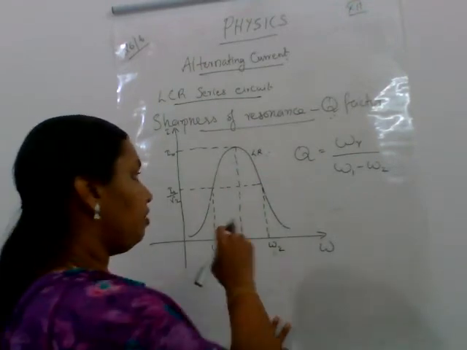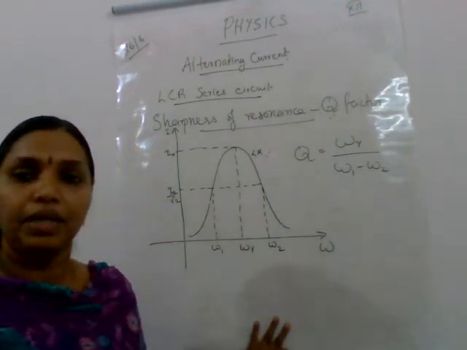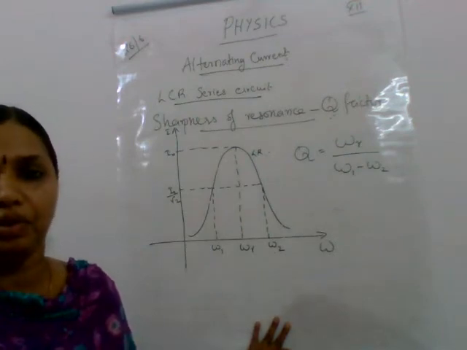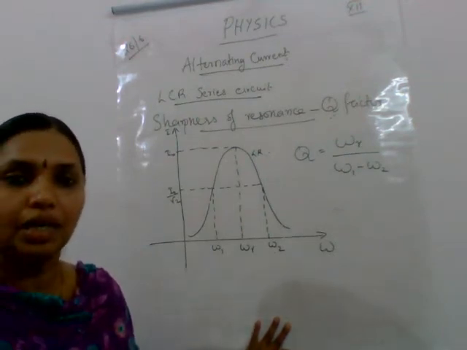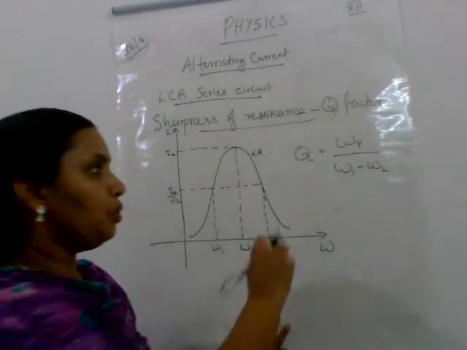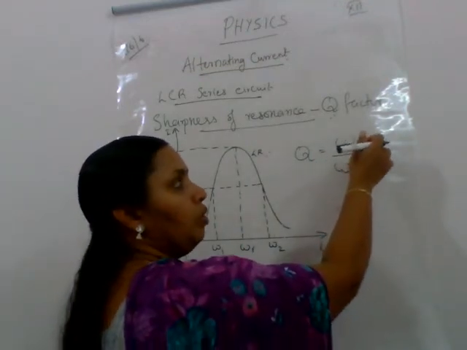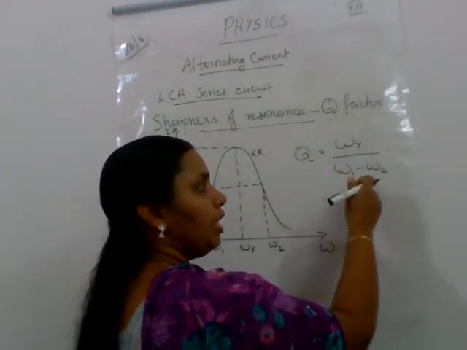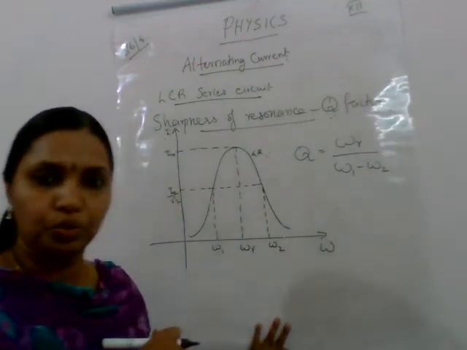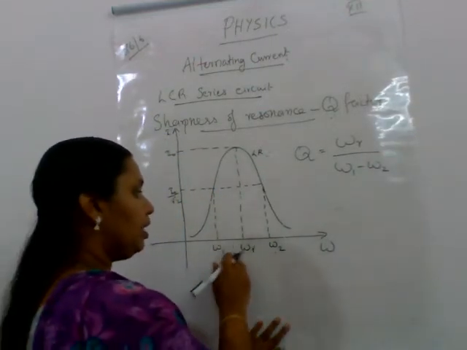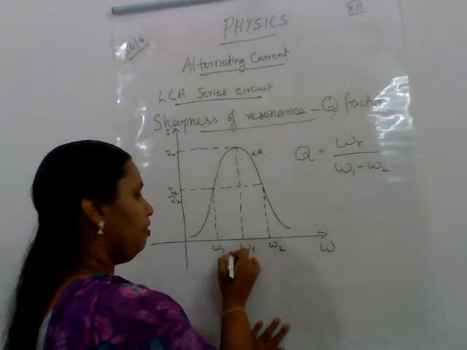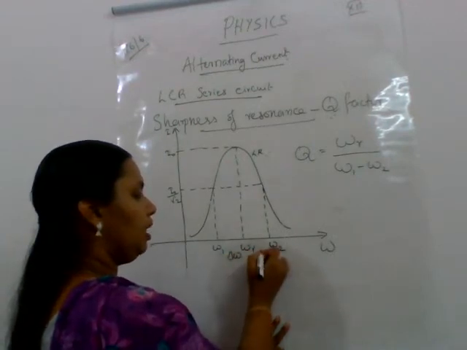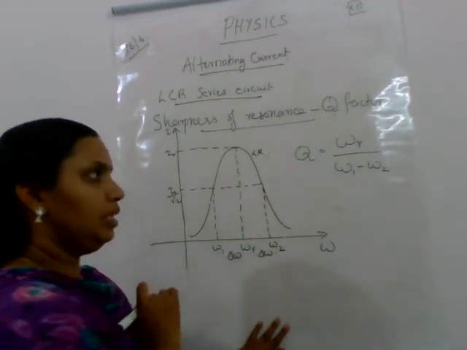They are the frequencies at which the current becomes equal to the RMS value, or 1 by root 2 times the peak value. So Q is equal to omega R divided by omega 1 minus omega 2. And what are this omega 1 and omega 2? Here there is a small difference. We can take delta omega on this side and delta omega on this side.